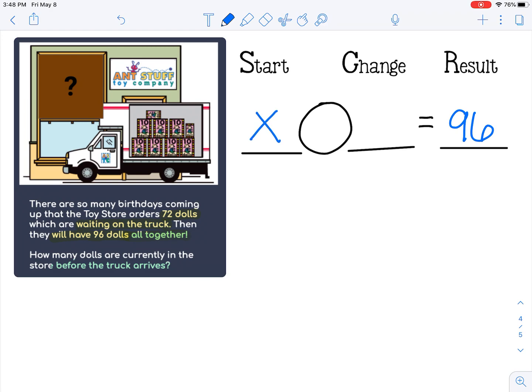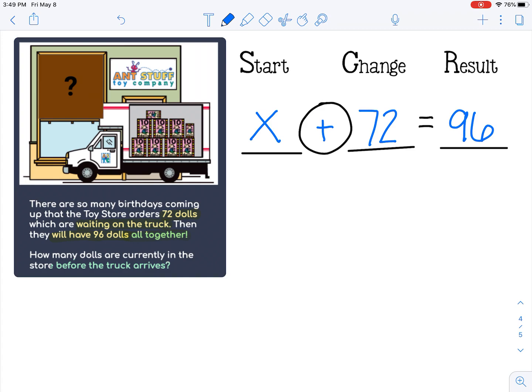So that's going to be our X. Then they order 72 dolls, and so that is what changes. And again, since 96 is larger than 72, we know we're adding here. And this is the equation that matches our story problem.